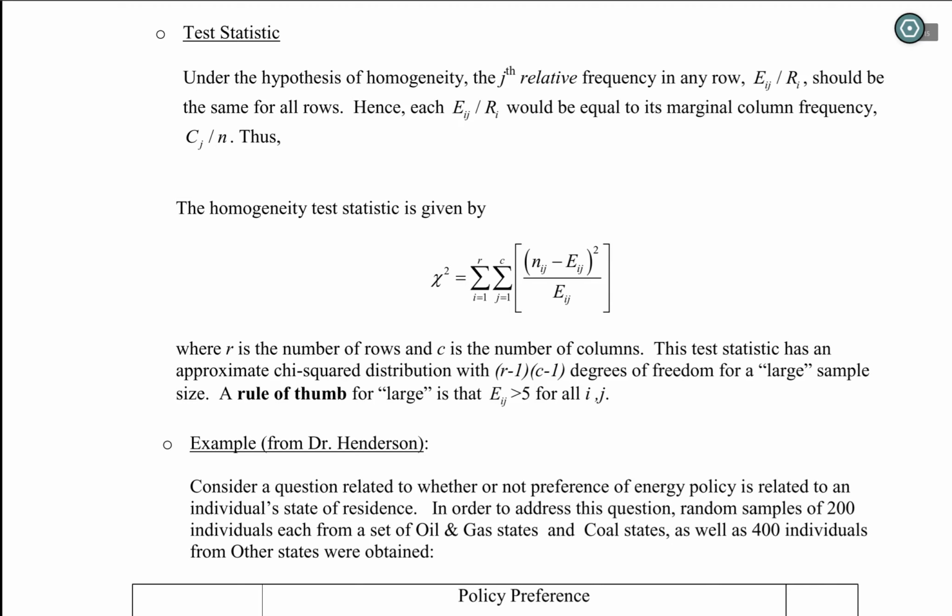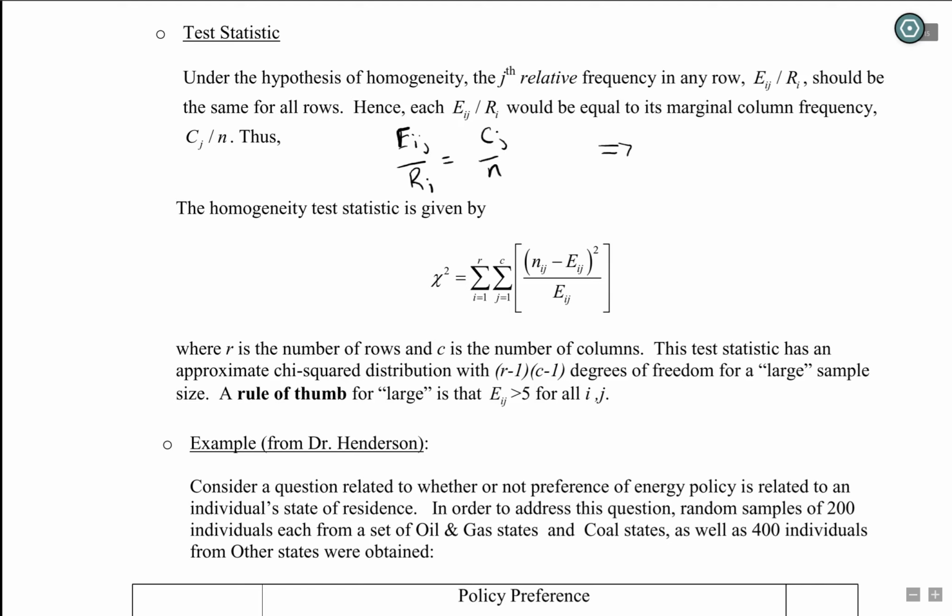And hence, each Eij over Ri would be equal to its marginal column frequency Cj over n. So we would have then Eij over Ri would equal Cj over n.